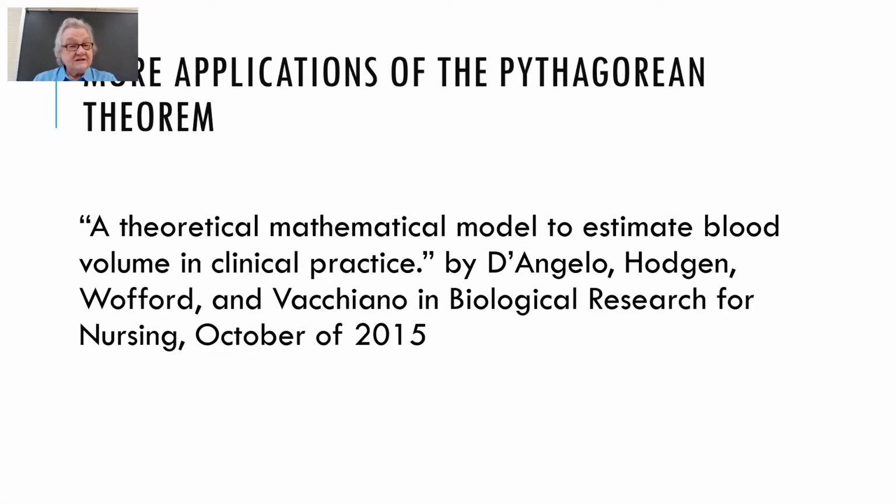And it doesn't say it in the title, but it is an application of the Pythagorean theorem, a theoretical mathematical model to establish blood volume in clinical practice. So there are places where the Pythagorean theorem is useful besides in just mathematics or surveying.